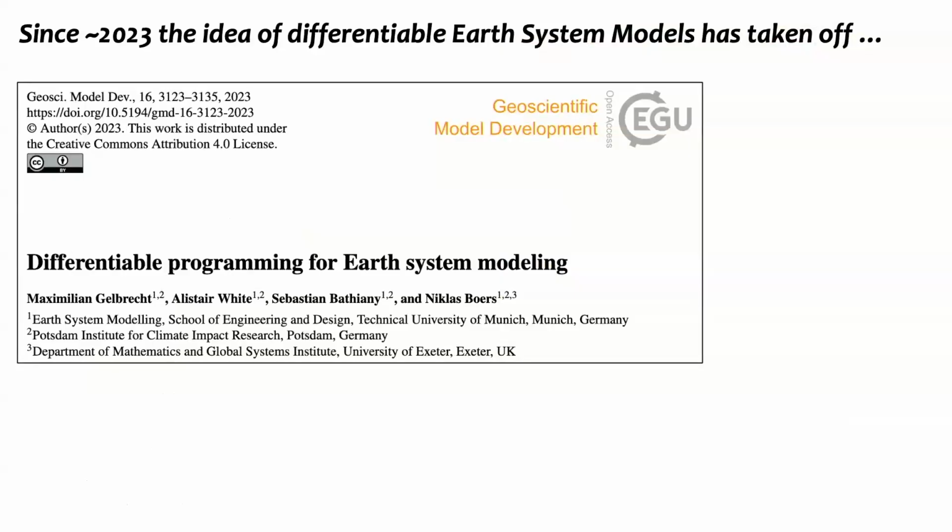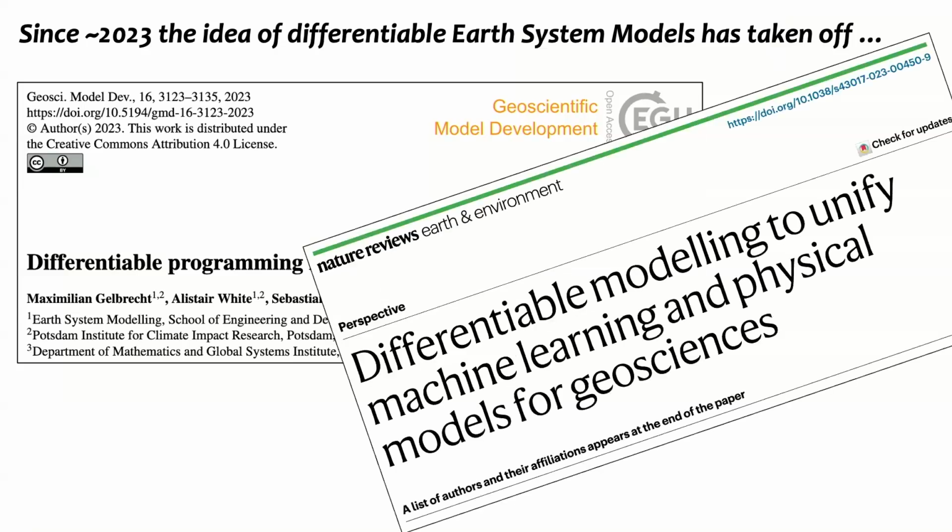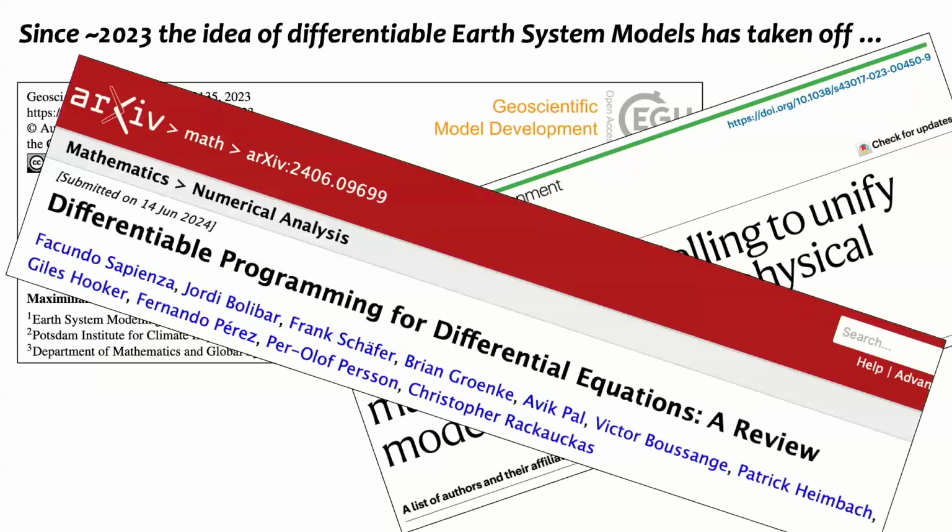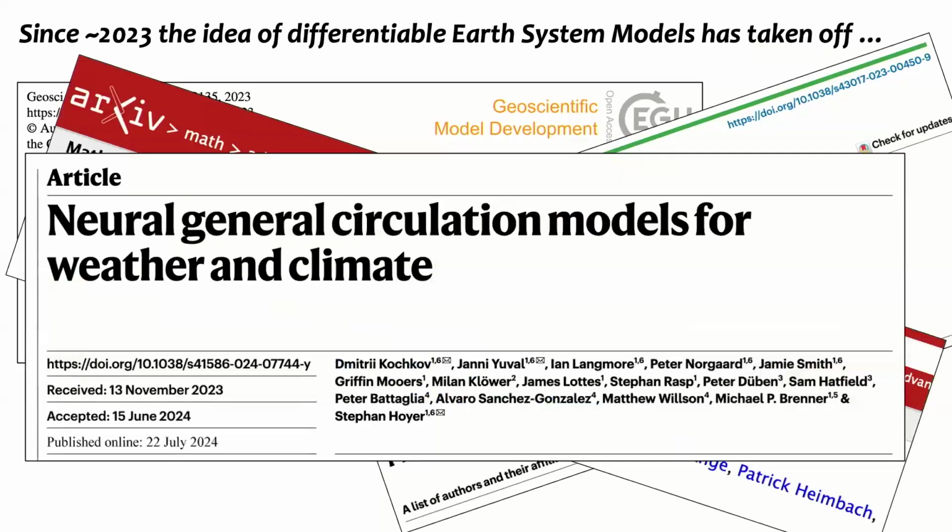So the revival of the idea of differentiable Earth system components happened in the last few years. There's a paper that gives a review of what we could do if we had these differentiable Earth system models, and here another review paper and another one here, and then this paper by a group at Google and the ECMWF, the European Centre for Medium-Range Weather Forecasts.